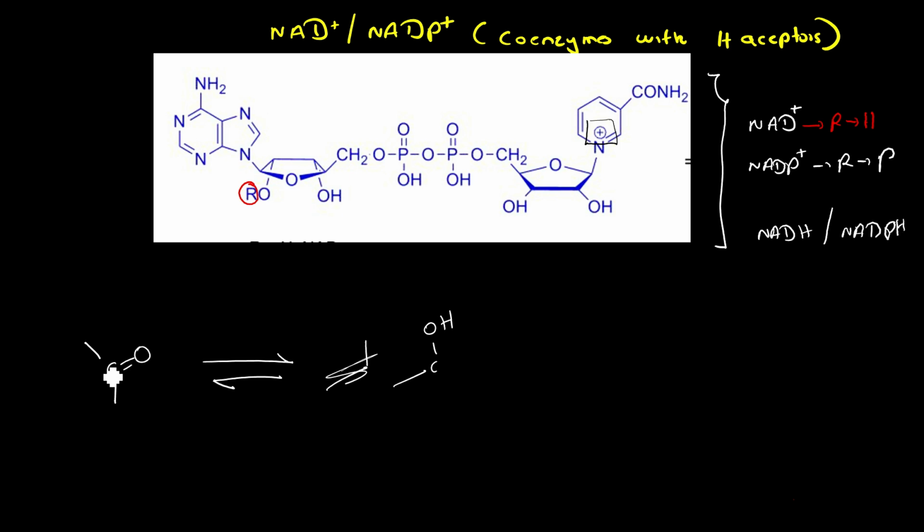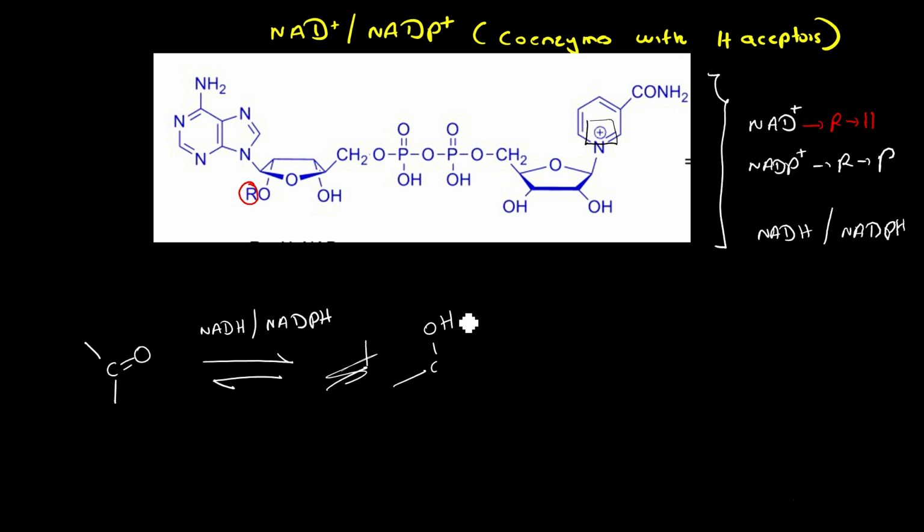In this case, when we have a carbonyl and want to convert it into a hydroxyl group, we need to provide a proton, right? So we need to use NADH or NADPH. There should be an H, so it can provide a hydrogen to our carbonyl group.